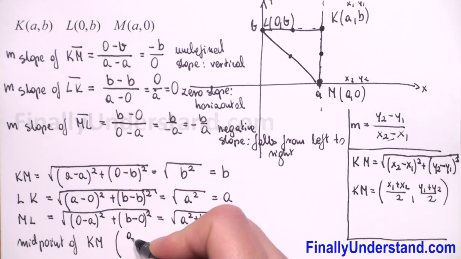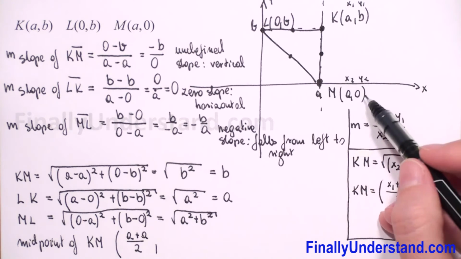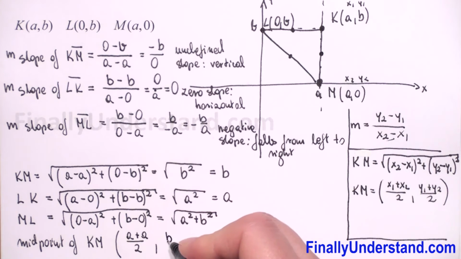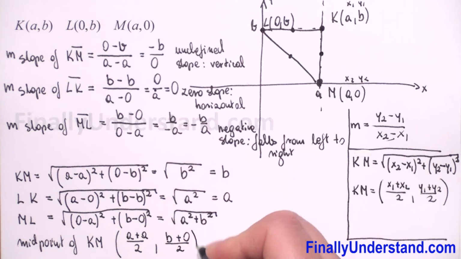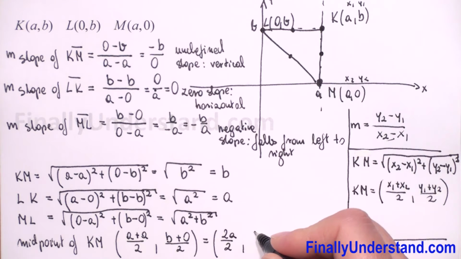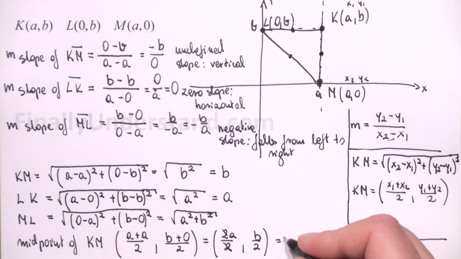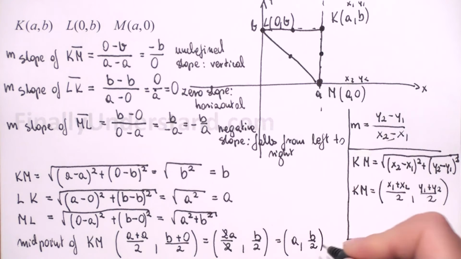So we have (A plus A) over 2, and now we have to add the second coordinates. So this is (B plus 0) over 2. So this is equal to A plus A is 2A over 2, and the second coordinate is B over 2. So 2 and 2 we can reduce, so the first coordinate is A and the second is B over 2. We found the midpoint of KM segment.